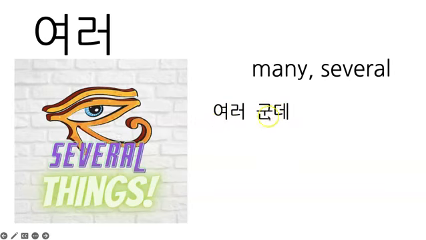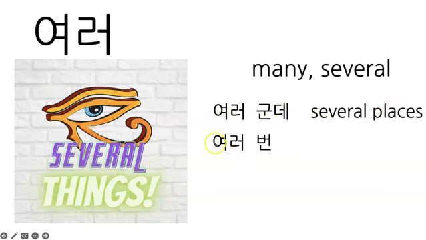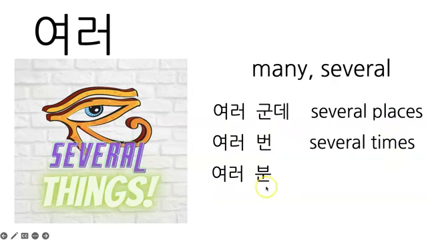So when you say 여러 군데, that means several places. 여러 번, this is also new noun counter in this chapter, several times. 여러 분, 분, this is the honorific noun counter for people.